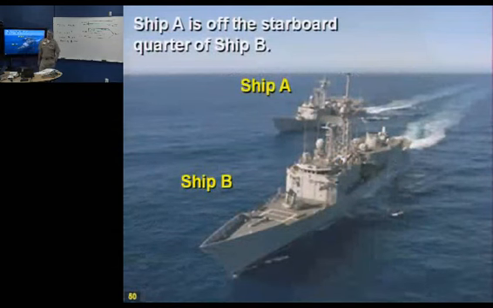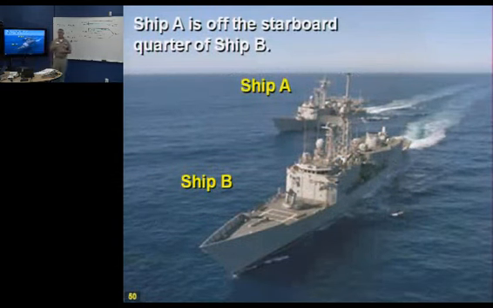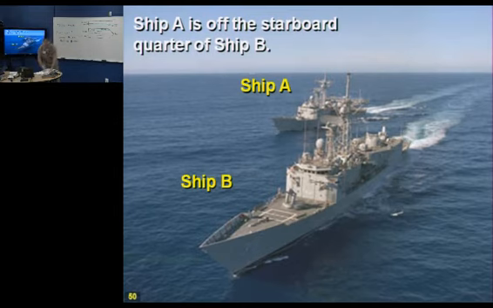Now, ship A is off the starboard quarter of ship B. Where's my orienteering guy? Right here. Okay, so on ships, there's a whole bunch of compasses all over the place. And when they're talking about the quarter, the ship is divided up as if you divided it in four. Across here and across here, down the center line and down the beam.